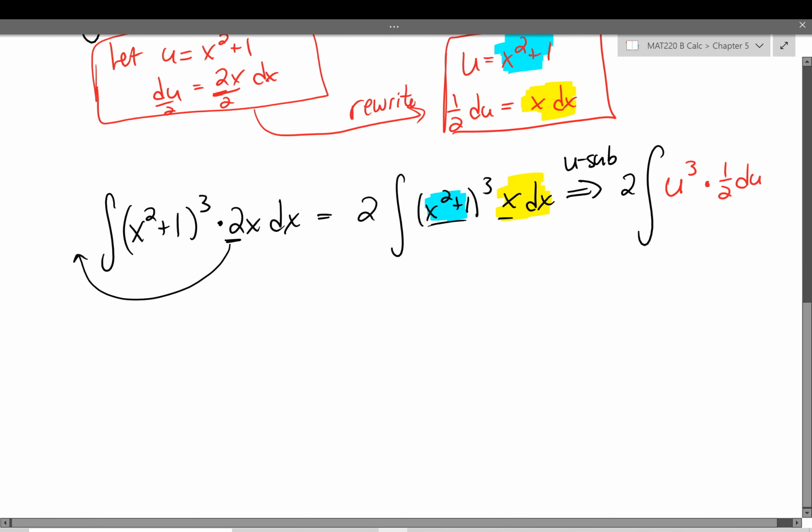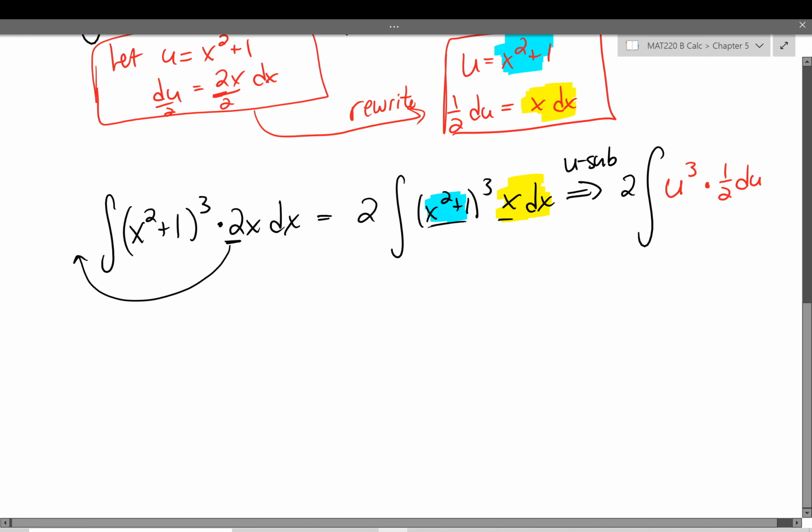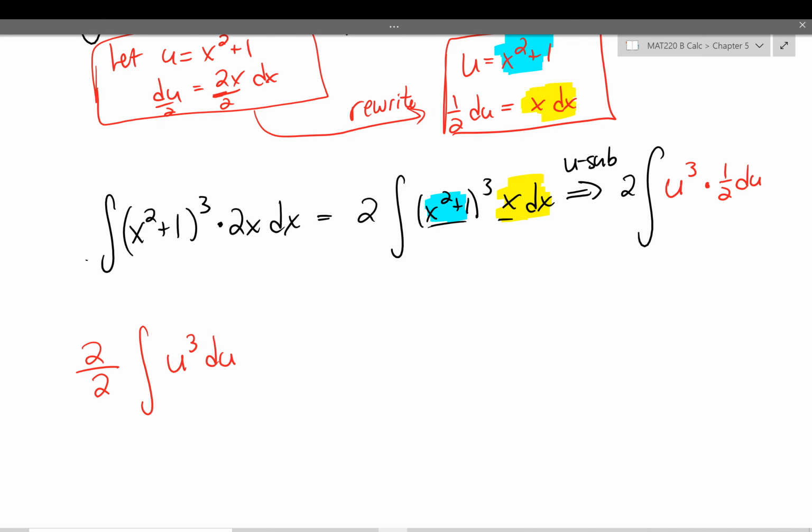Now, real quick, I'm going to pull the 1/2 out front, which means I'm going to take 2 times 1/2, or 2 over 2, times the integral of u to the third du. So if you look directly above, which problem seems a little bit easier to integrate?